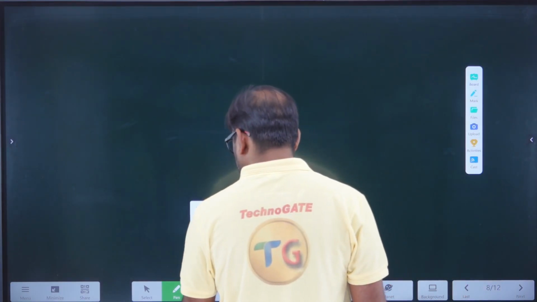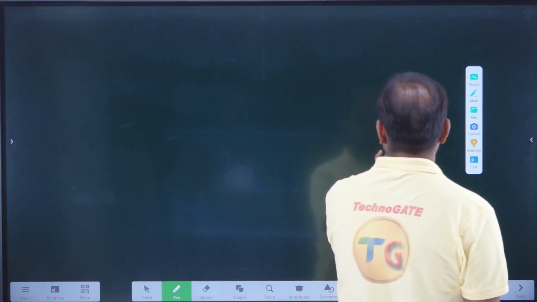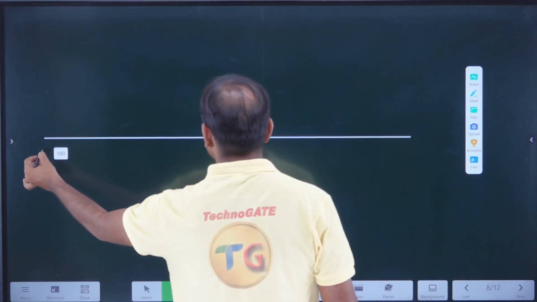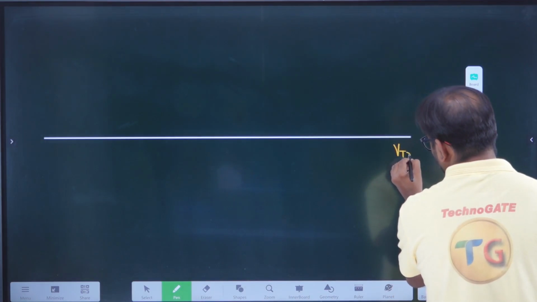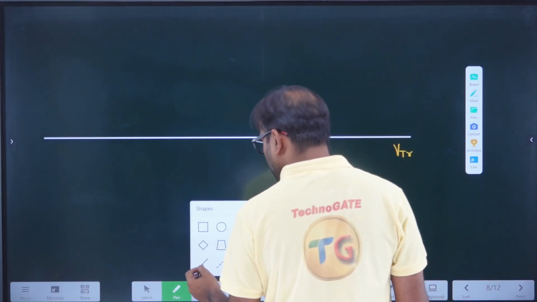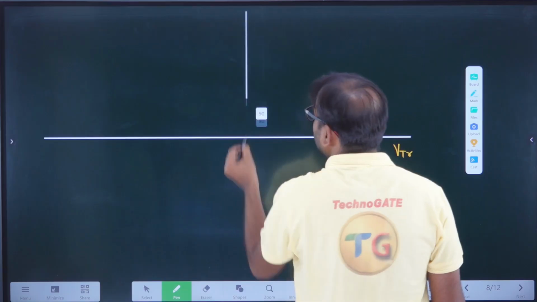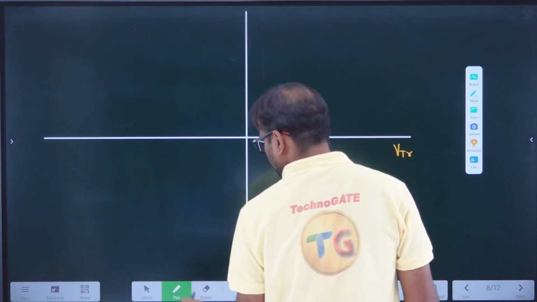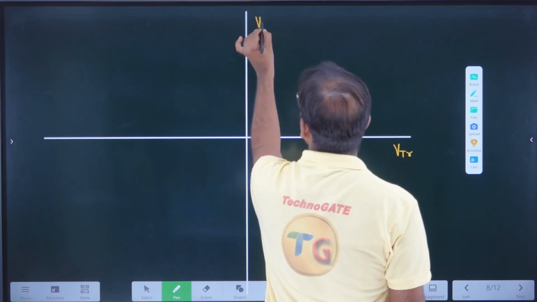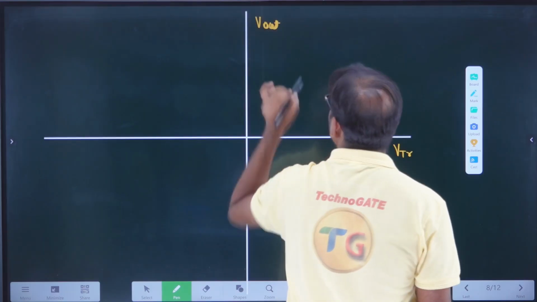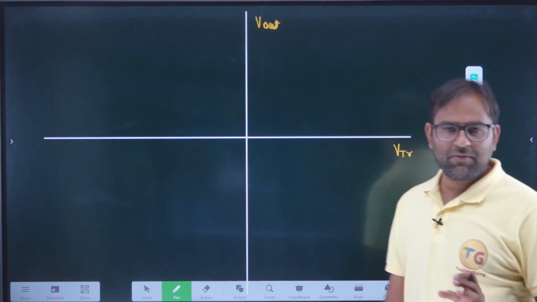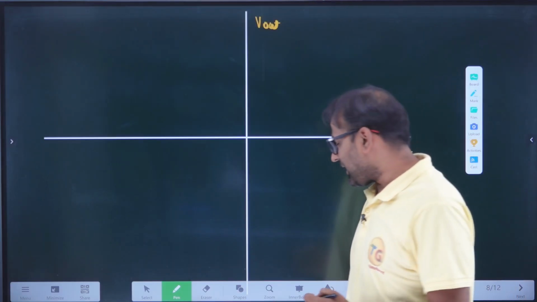And let's say we have this. On the x-axis I am drawing the VTR voltage, and on the y-axis I am drawing Vout. These two things are very important because we want to draw the transfer characteristics.